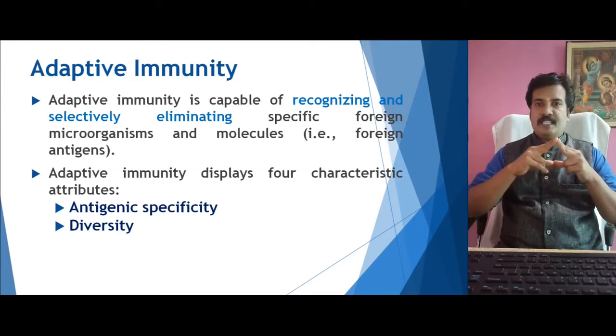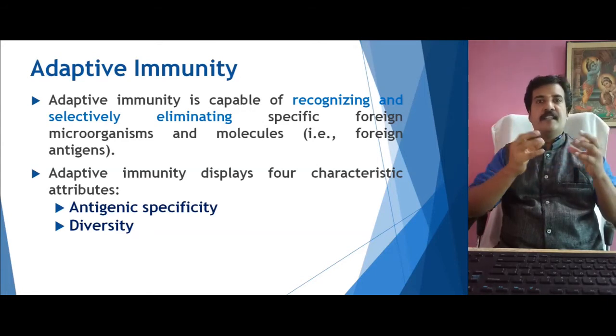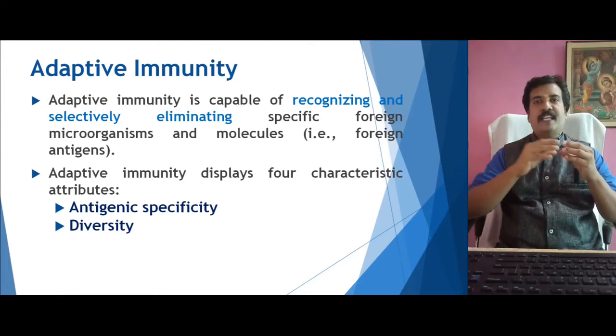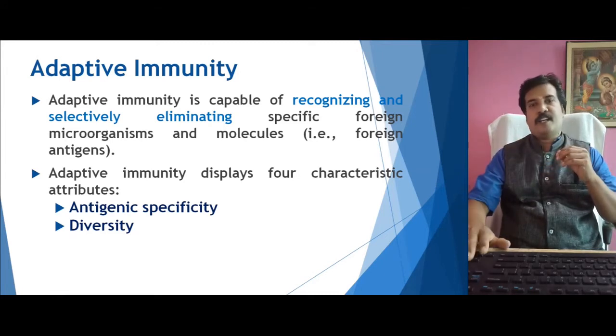So even a single amino acid difference our body can recognize. Similarly, millions of antibodies can be produced by our body, so we say the antibodies produced by our body are diversified in nature. Each antibody can specifically counter a particular pathogen or antigen.